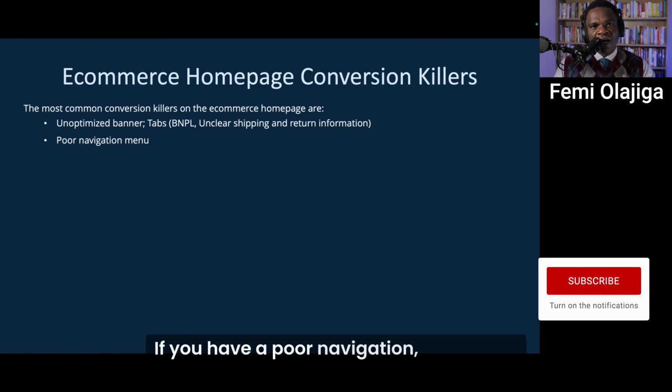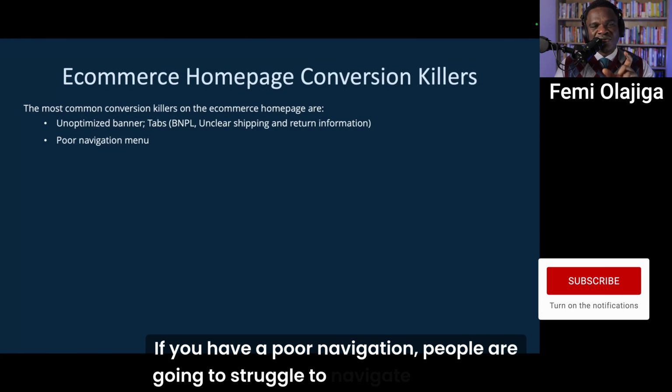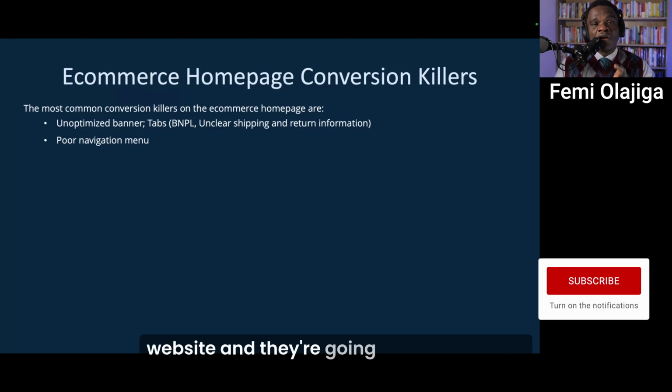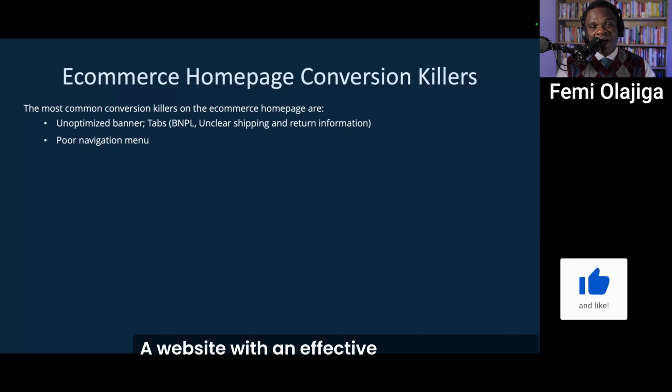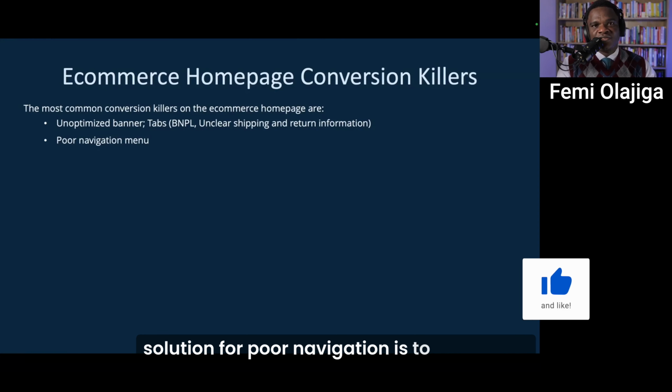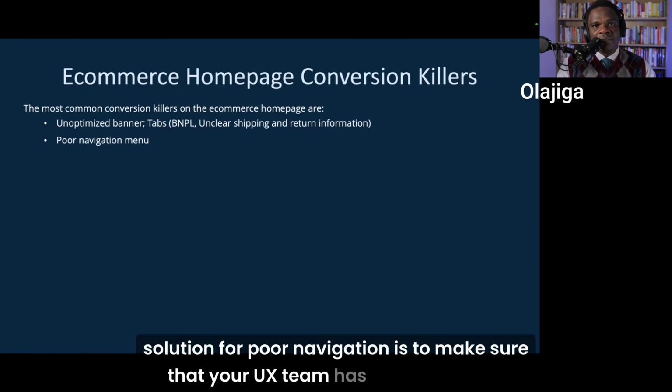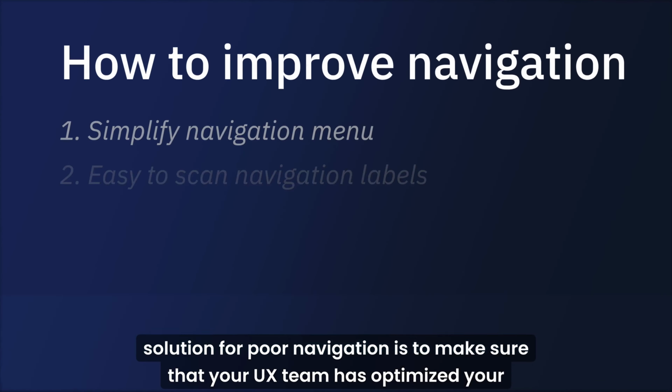If you have a poor navigation, people are going to struggle to navigate across your website, and they're going to get frustrated and they're going to leave. A website with an effective, clean navigation will have a high conversion. Statistics show this.